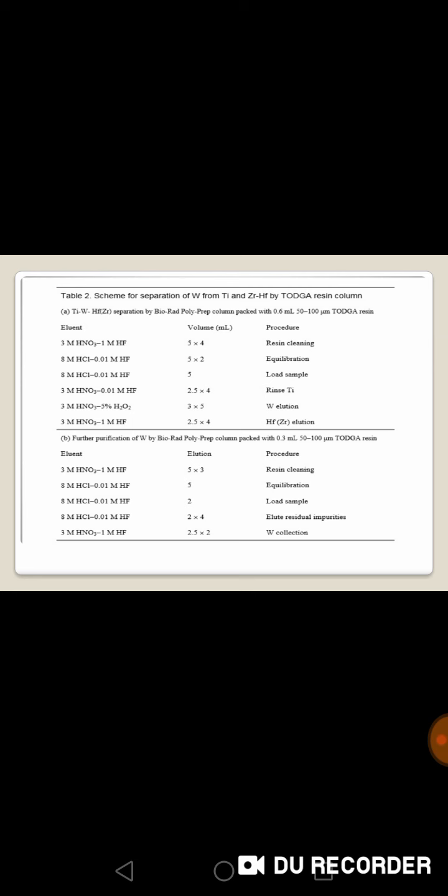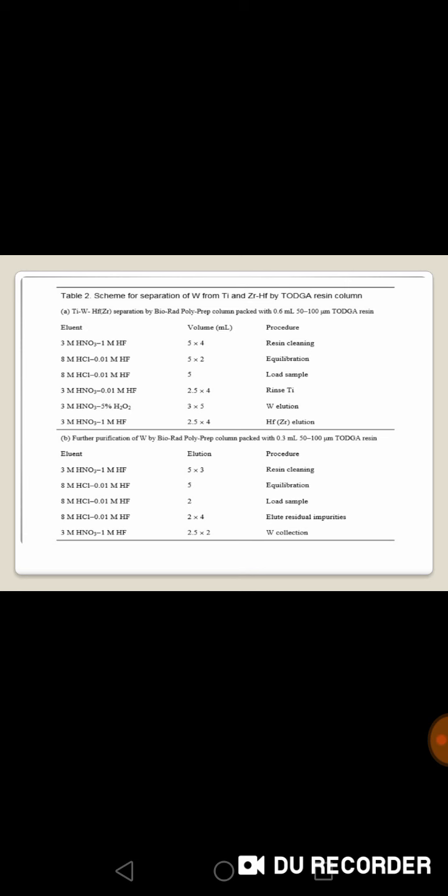Okay, and here is the overview of table 2, and in the first section we have already discussed the different procedures from the 2A section. The first procedure is rinse, cleaning, and then equilibration, then loading the sample, and then rinsing out the titanium, and then the tungsten will be eluted.